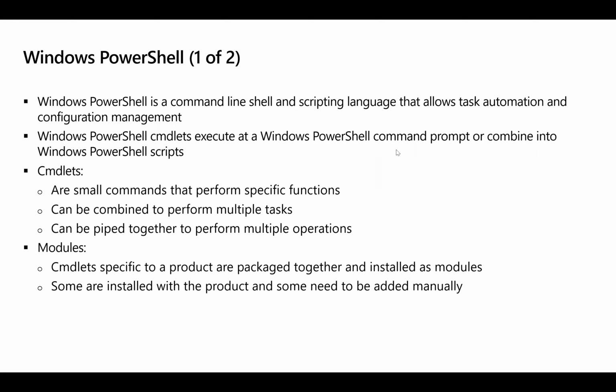PowerShell commands use a prompt. When I say cmdlet, it's a short version of a script, mostly one-liners. Cmdlets can be combined to perform multiple tasks. Let's say there's a lot of work, we can combine them.